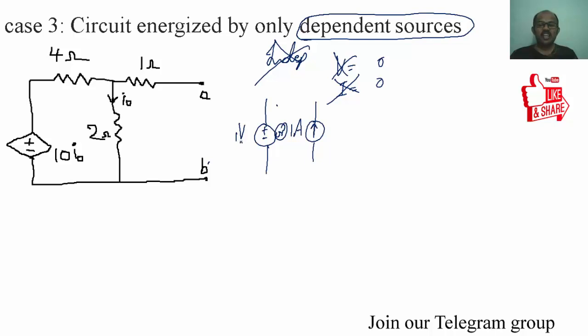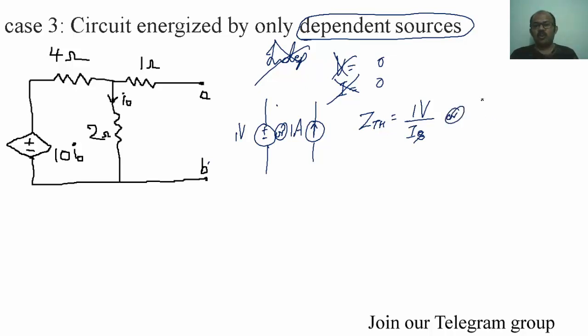If you are applying 1 volt, then the Thevenin impedance, ZTH, is given by 1 volt divided by the value of the current flowing in that path, which you have to calculate.